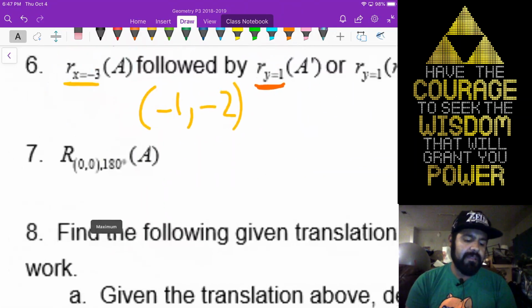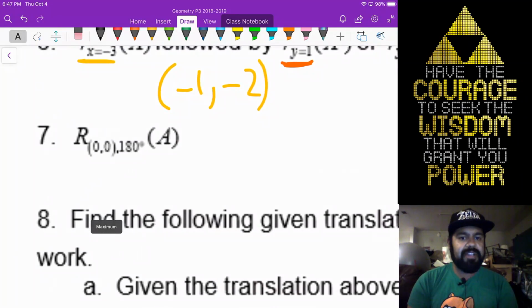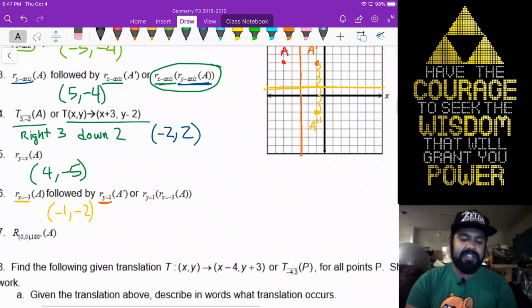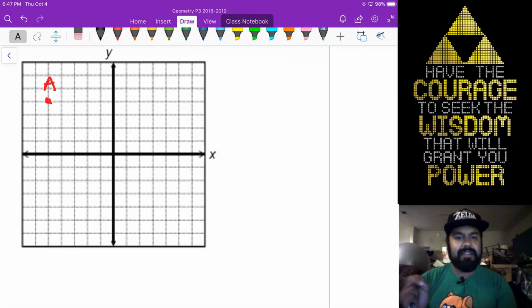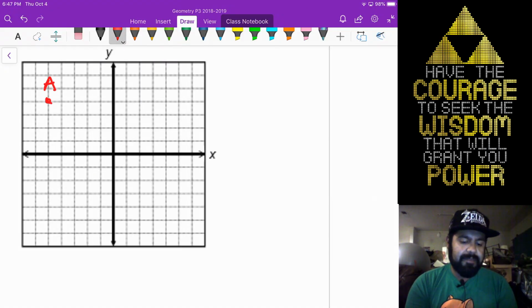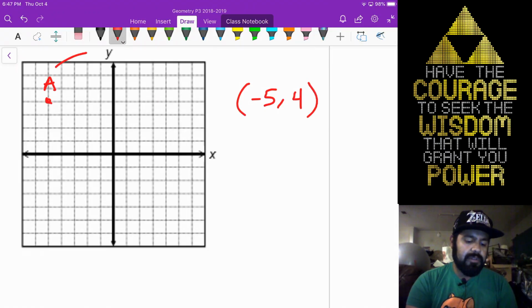All right, the fun one. A rotation of 180 degrees about the origin. It's a little hard for me to show you the rotation technique with your paper, but if you followed the rules that I gave you for the rotation, then there is a way to kind of eyeball this. If you notice that the point A is at negative 5, 4, well, it has to do a full half turn to here.